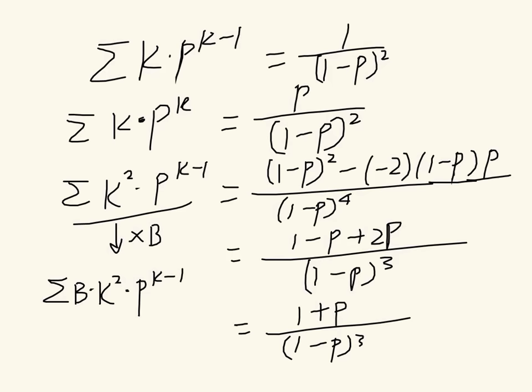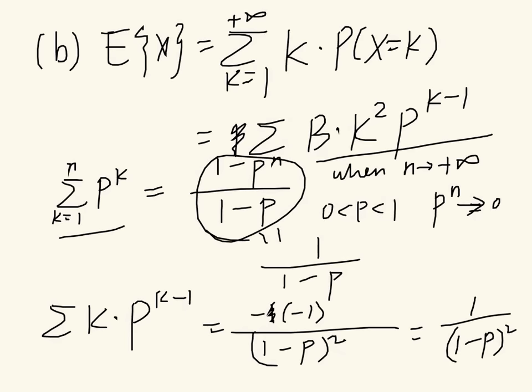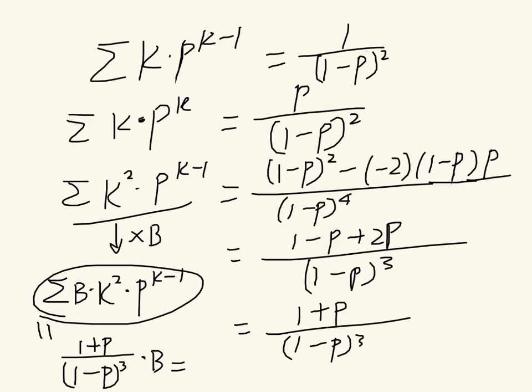And this is equal to 1 plus p over 1 minus p cubed times b. B is equal to 1 minus p squared. So this term should be 1 plus p over 1 minus p.